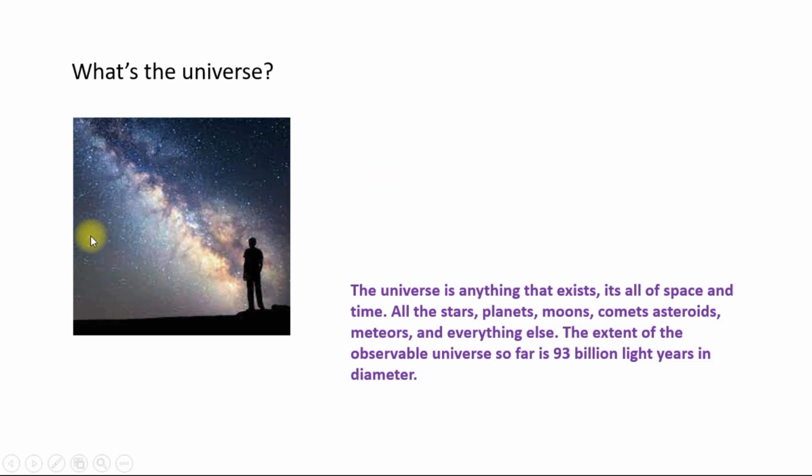That means looking at one side, you'll be able to see half of 93 billion light years ahead of you. Looking behind, you'll be able to see as much as half of 93 billion light years behind you.